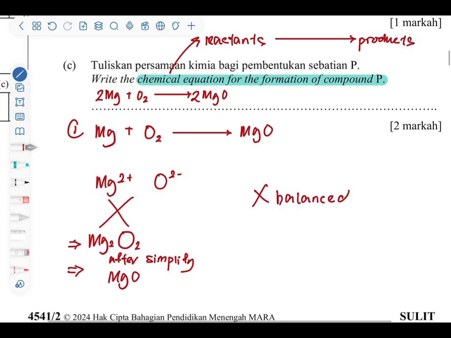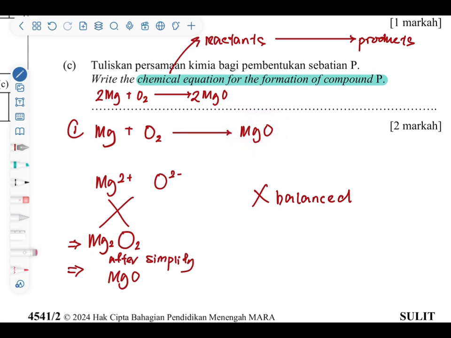So when we want to balance it, the front must be the same as the back. So in front we have one magnesium, and over here at the product side we also have one magnesium. But at the reactant side we have two oxygen, but at the product side we only have one oxygen.